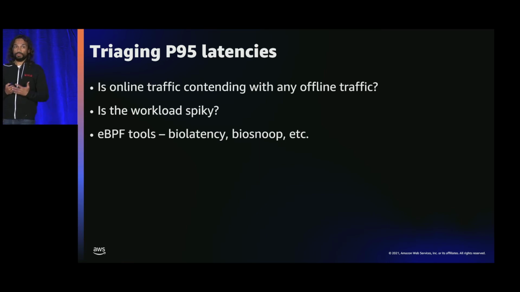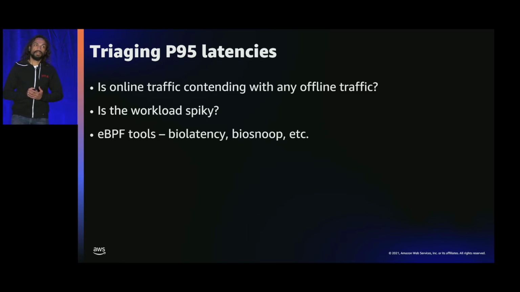A few things to look at are whether your online traffic is contending with any other traffic. In this case, the online read traffic was contending with compaction and write traffic. Another thing to look at is whether your workloads are spiky.